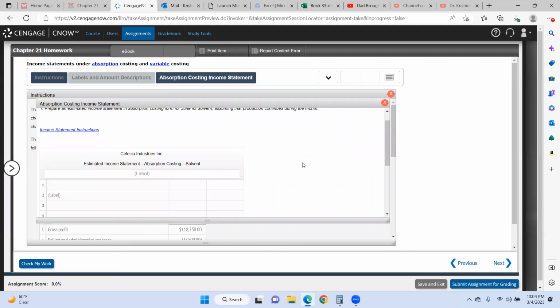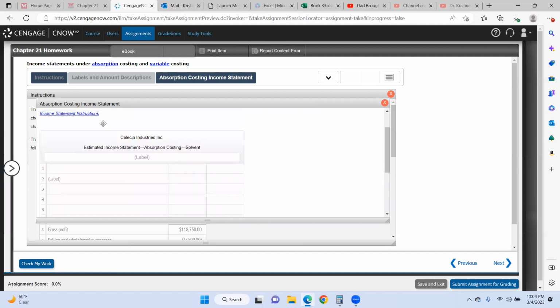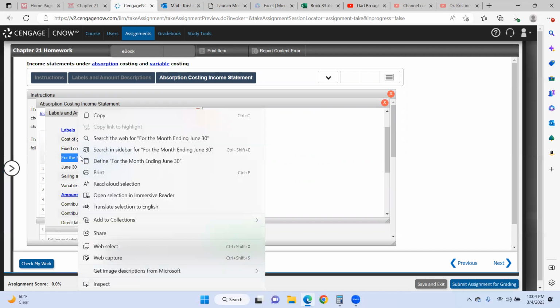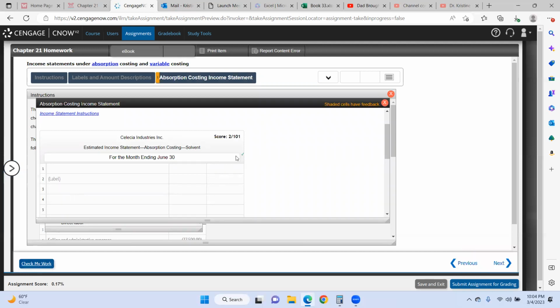So let's see. They want us to go ahead. It looks like this is going to be our absorption. So I'm going to grab my label and, whoops, there we go. Copy. Now with absorption, I'm going to double check my work, because half the times I get these wrong.